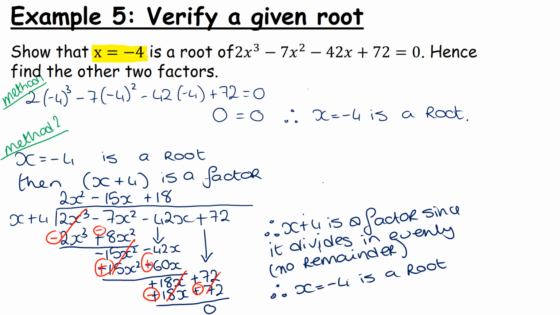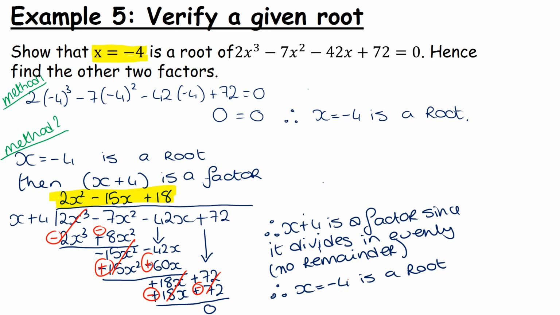If that was all that was asked, method 1 would definitely be the easier method. However, because we have this hence find the other two factors, like in the previous question, we need to use this piece here. Now, obviously, we need long division to do that. So if you use method 1, you still are required to do the long division that appears in method 2. So actually there's extra work.